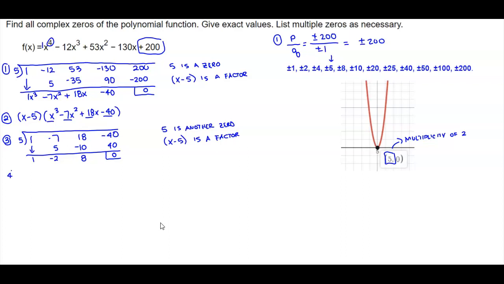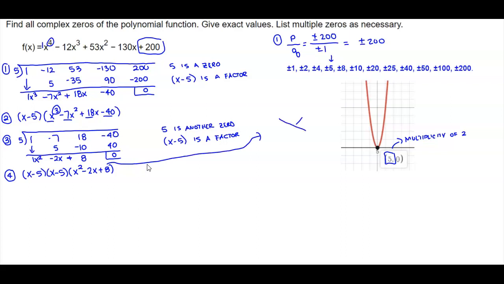So let's write this in factored form. We have x minus 5 times x minus 5. Since this is x cubed, this becomes 1x squared minus 2x plus 8. So we have x minus 5 times x minus 5 times x squared minus 2x plus 8. Now that we have a quadratic, maybe we can factor this.